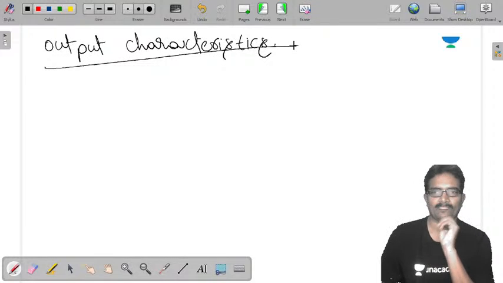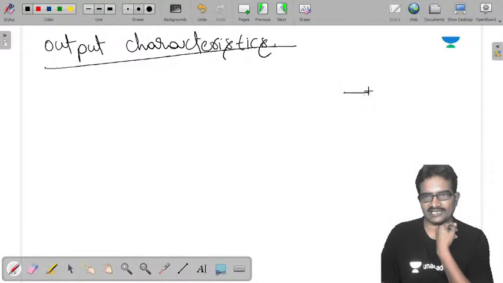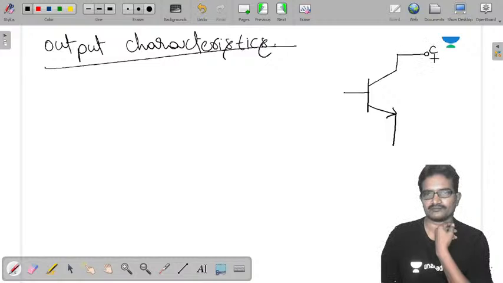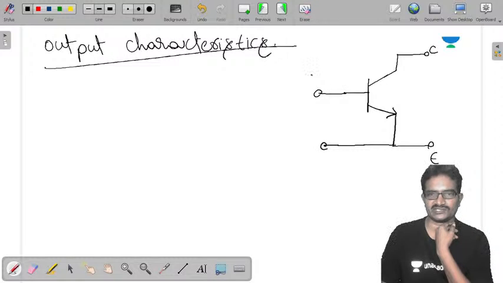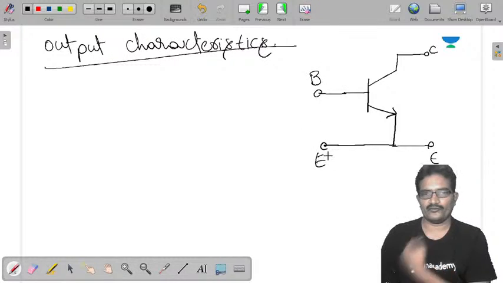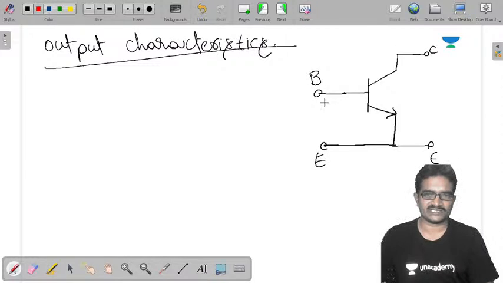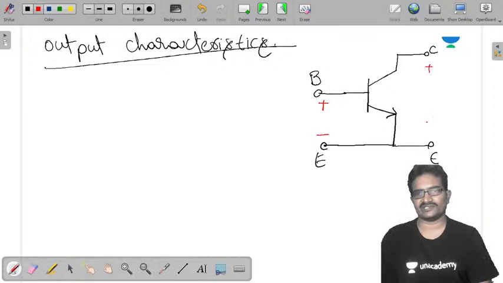Now let us take the transistor in CE mode. Just before, we applied two voltages to this transistor, VBE and VCE.